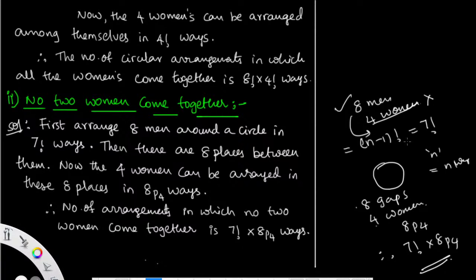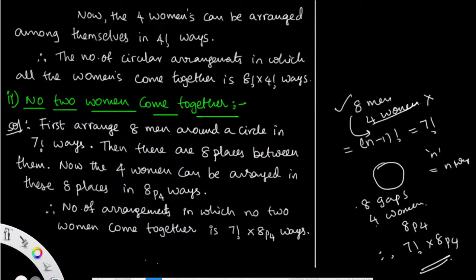In these 8 gaps, we can arrange the 4 women. This can be done in 8P4 ways. Therefore, the number of arrangements in which no two women come together is 7 factorial into 8P4 ways.